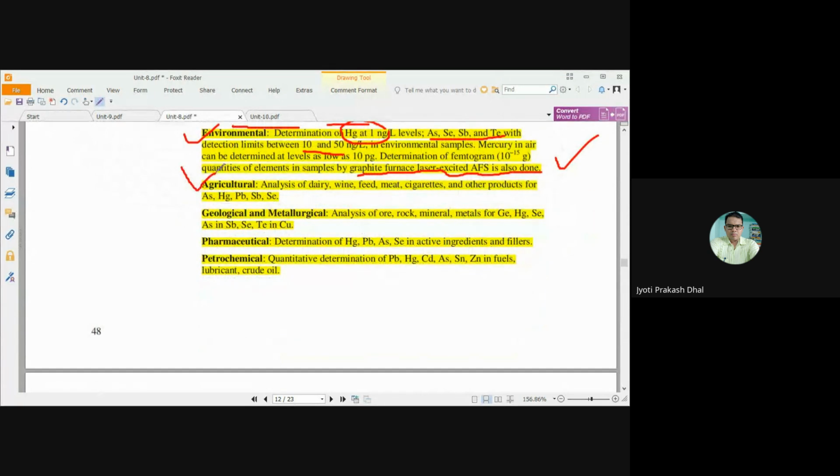Now coming to the agricultural field, AFS can be used for the analysis of dairy, wine, feed, meat, cigarettes and other products for detection of arsenic, mercury, lead, antimony and selenium.